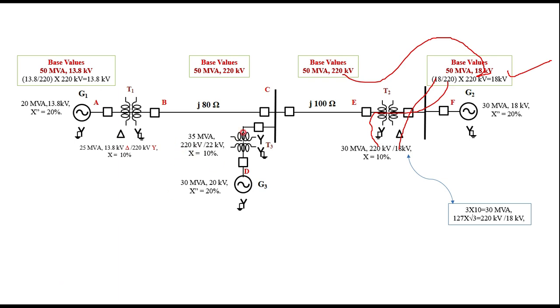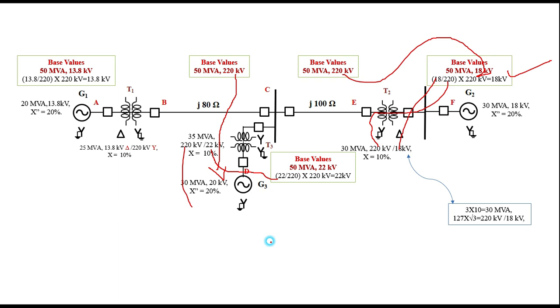Similarly, the base in this circuit should be transferred to here. Then the base MVA remains the same. The voltage we are transferring is 22 divided by 220 multiplied by this 220. The same thing I did here, that is 22 divided by 220 multiplied by 220. That is 22 on this side because we are transferring from the other side.